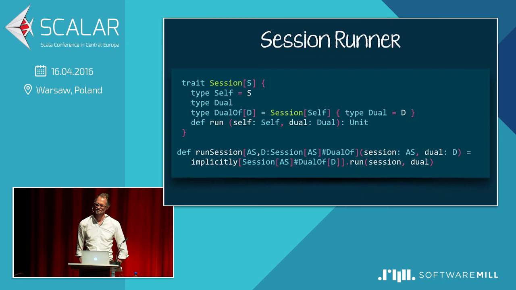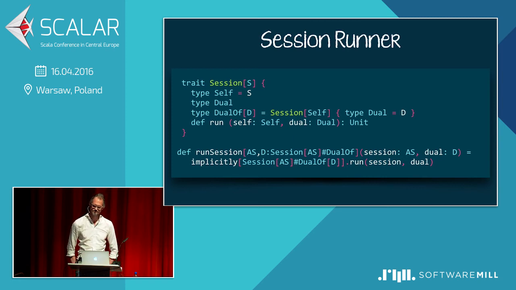So basically this trait has a type S and a type dual, which we encode with this type constructor, which returns the session with type S from here, and the dual encoded as type T. And we get some run method which our communication atoms need to implement.